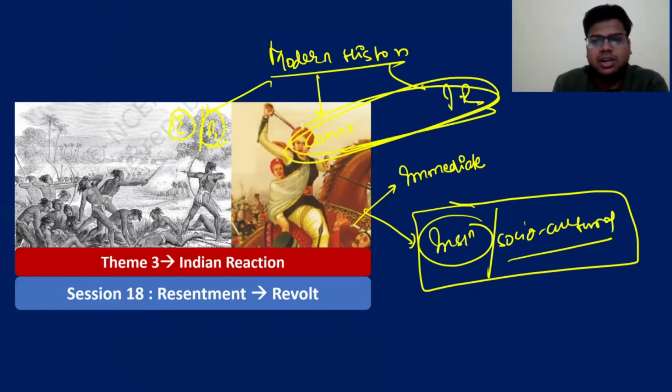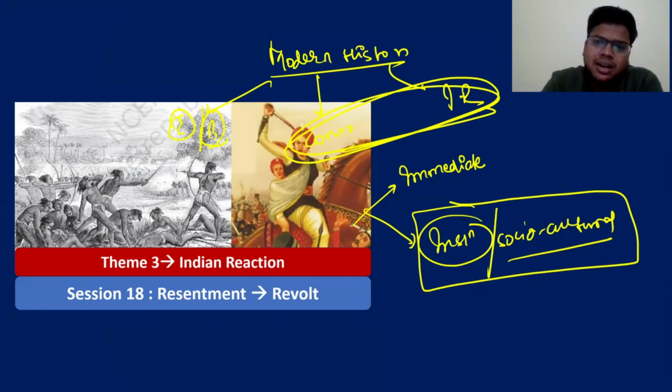So every theme will revolve around these two: the works of the British and the Indian reactions to them. Slowly, the reactions will change and the governance patterns will change, for example shifting from the East India Company to the government of India.